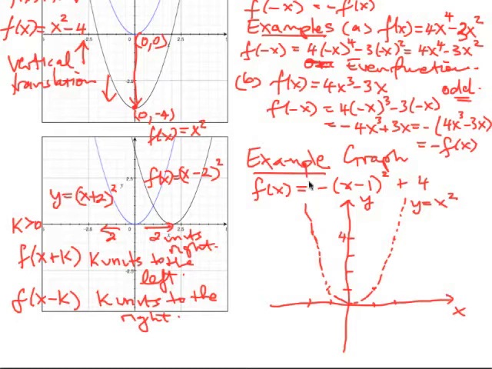Now the next thing we want to do, of course, is we have a negative in front, so if it was negative x squared, then it would be down like this. So it's y equals negative x squared. Now we want to go up 4, so we go 1, 2, 3, 4. So it'll go like this.